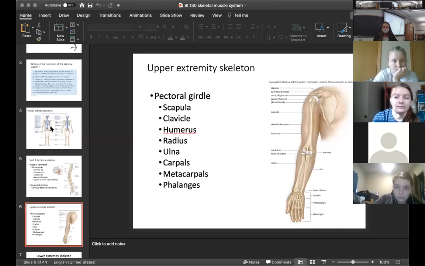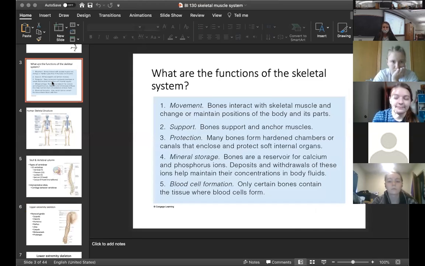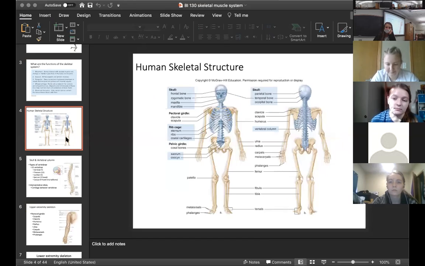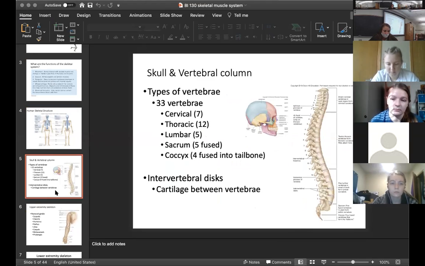Okay, let's get you guys up to speed. So this was the 5 functions: movement, support, protection, mineral storage, and blood cell formation. This was that human skeletal structure. The blue highlighted ones were the ones that I talked about in the center. Here's the different types of vertebrae that we were talking about, broken down.